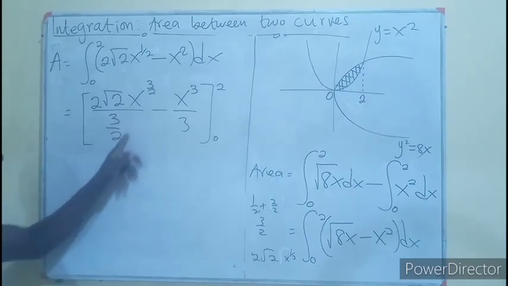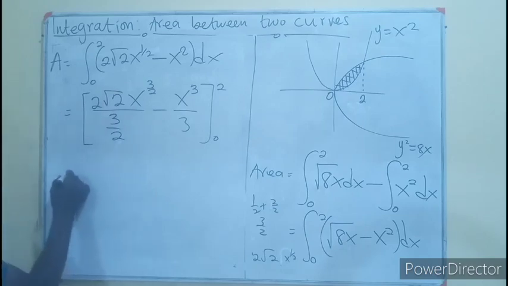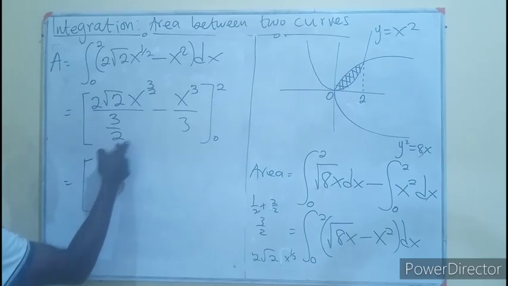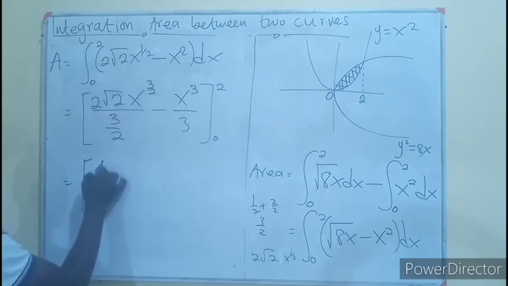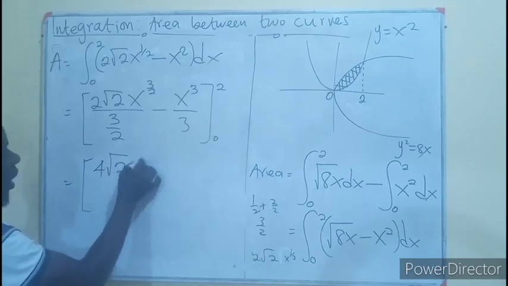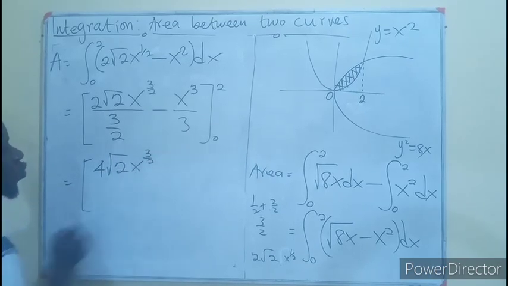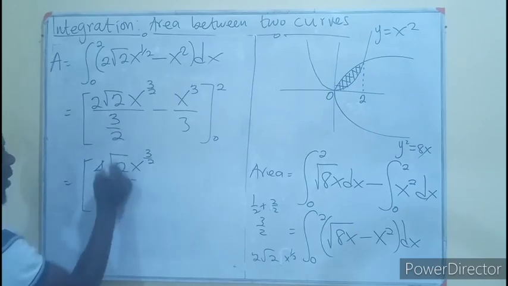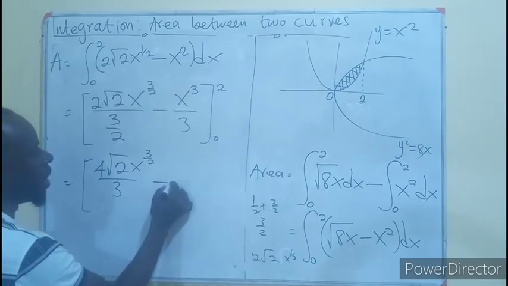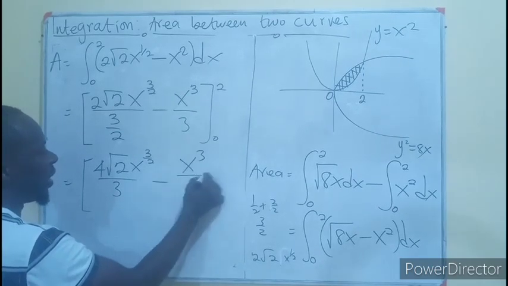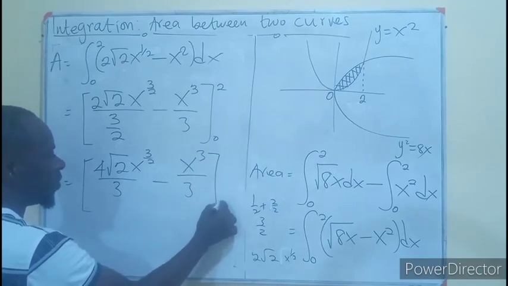Don't forget, this double division means that this denominator can go up to multiply. So 2 going up to multiply gives 4 root 2 x exponent 3 over 2 divided by 3 minus x exponent 3 over 3 from 0 to 2.